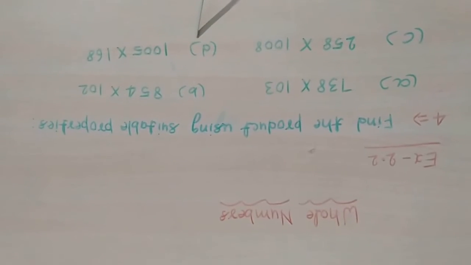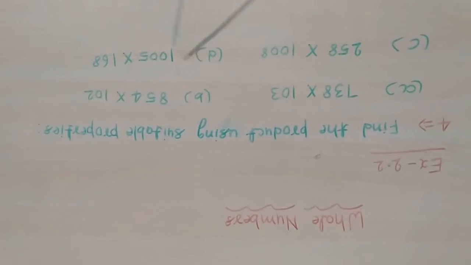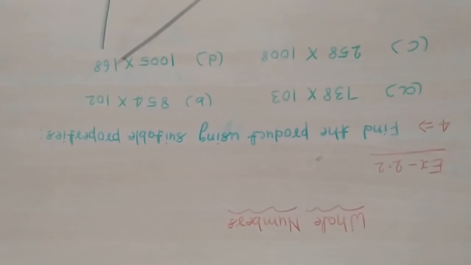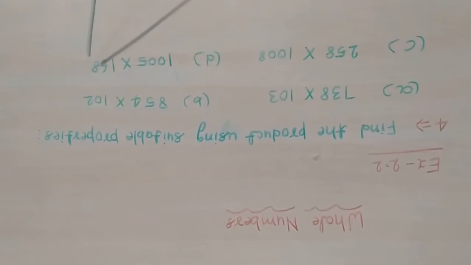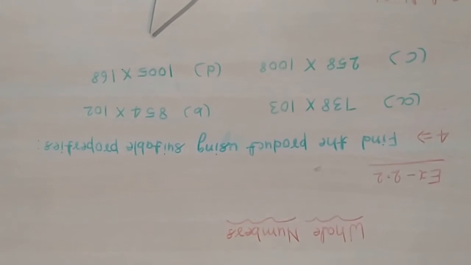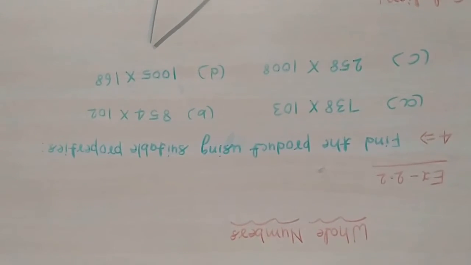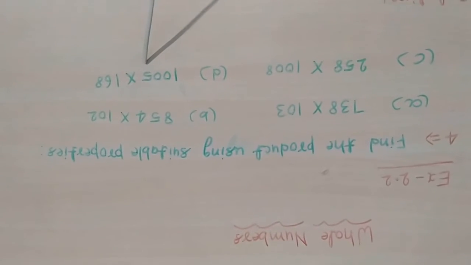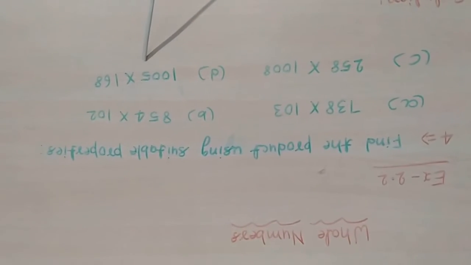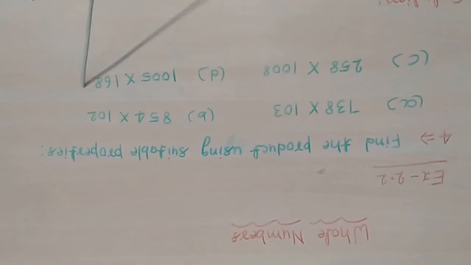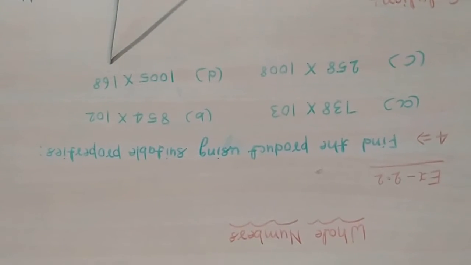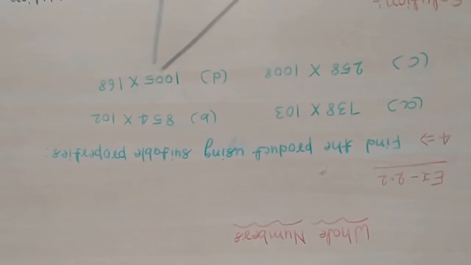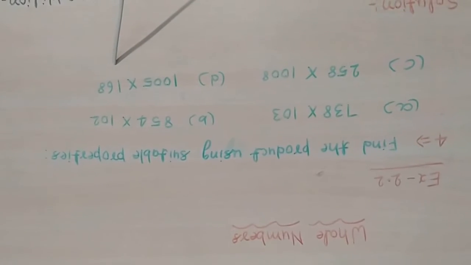Okay, let's see D part of question 4. This is D part of question 4: 1005 into 168. So we break this part, 1000 plus 5. If we break the other part, 100 plus 68, the multiplication of 68 into 1005 is so difficult.